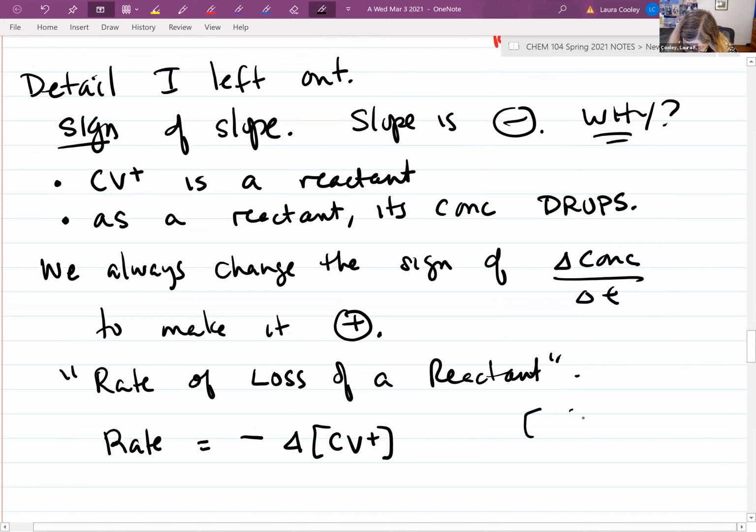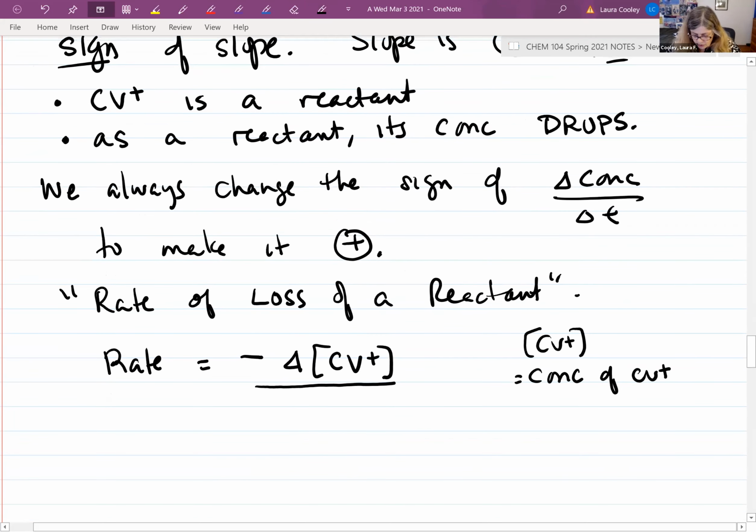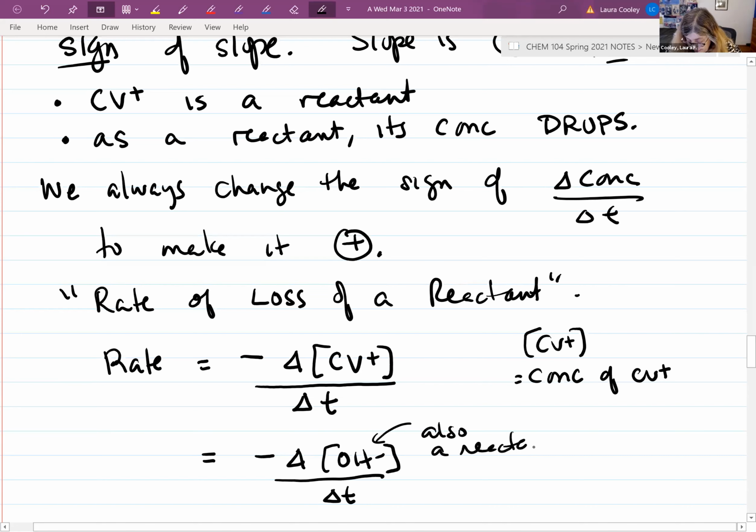This bracket here is simply the concentration of CV+. I'm just writing it in that notation that we're going to be using, over delta T. This is the same as the change in the hydroxide ion concentration over time. This is also a reactant, so I also need to put a negative sign in front of it.